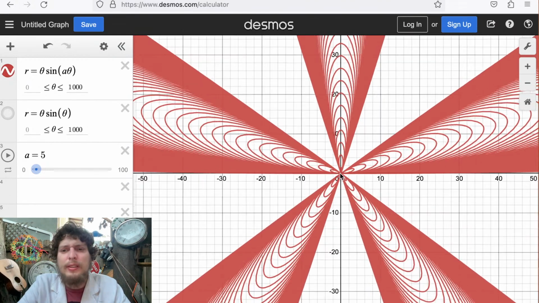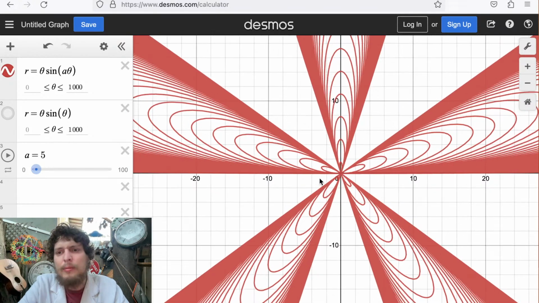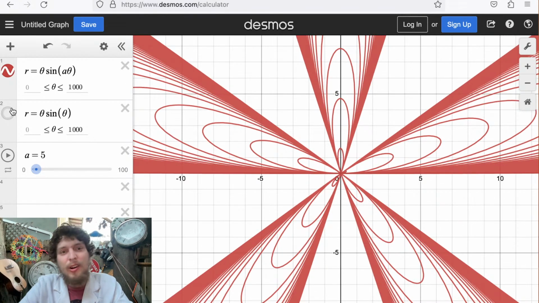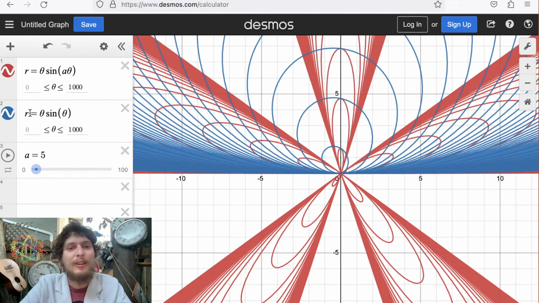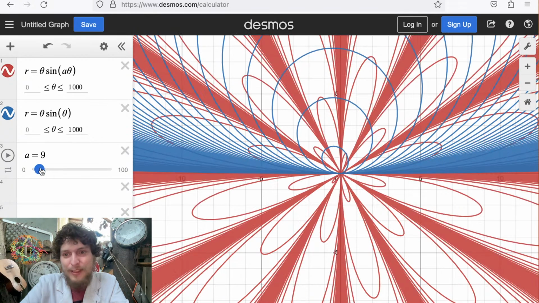Now, zooming into here, let's go back to not worrying about trying to make the slider of the animation work, but letting ourselves handle the slider and adding more equations to match each other. For example, here we had theta times sine of A theta times just sine of theta.